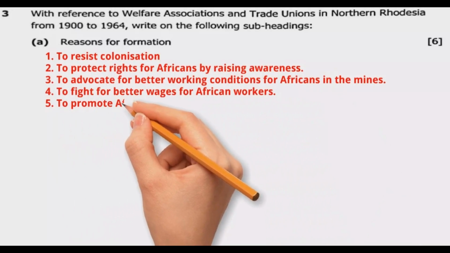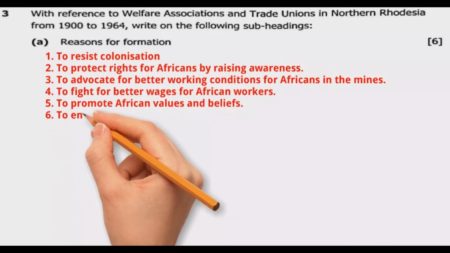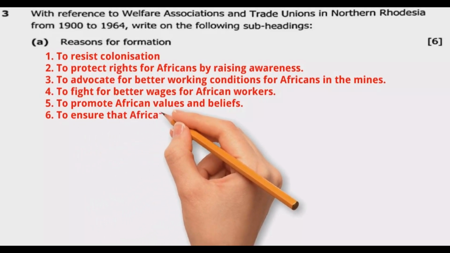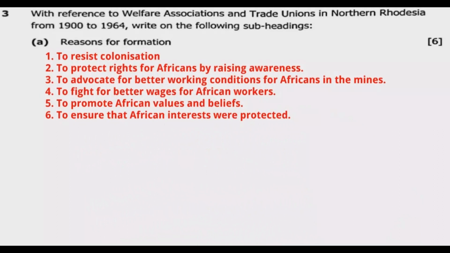To promote African values and beliefs. 6. To ensure that African interests were protected. Okay, so these are the reasons why welfare associations and trade unions were formed.